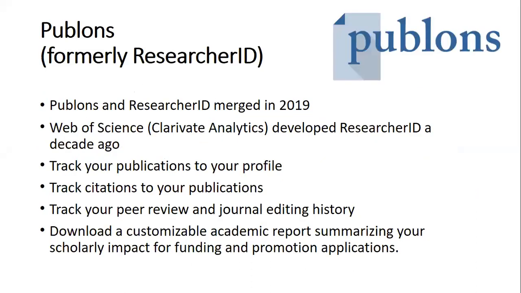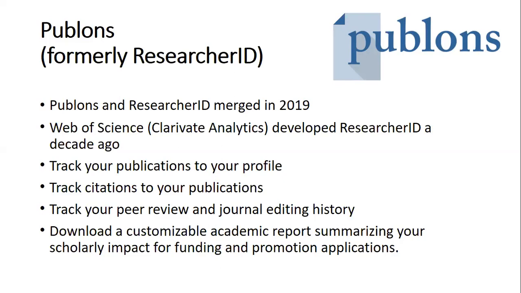A relatively new author ID system is Ballance. It was launched in 2013 as a platform for peer reviewers. It merged with Researcher ID, which was another author ID system run by Web of Science, in 2019, last year.